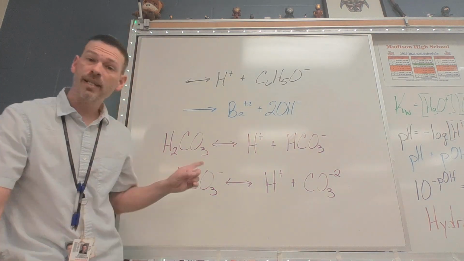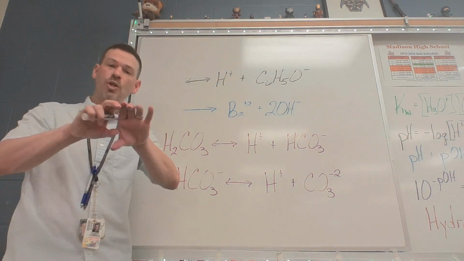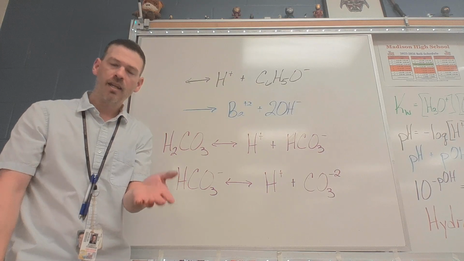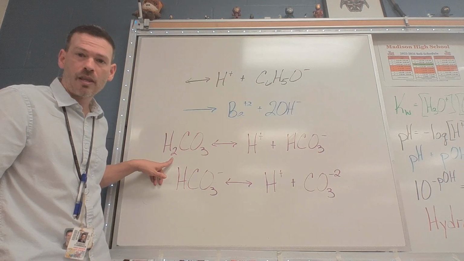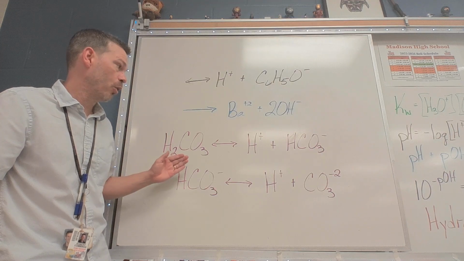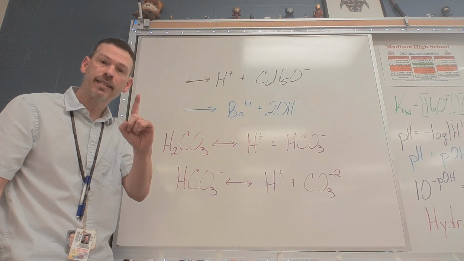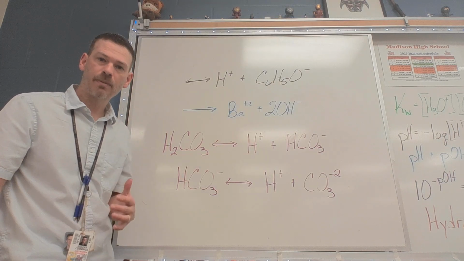Again, one more time. Stepwise dissociation only happens when you are dissociating a polyprotic acid, meaning the acid you started with had more than one H. So you only get to remove one H at a time in consecutive steps.